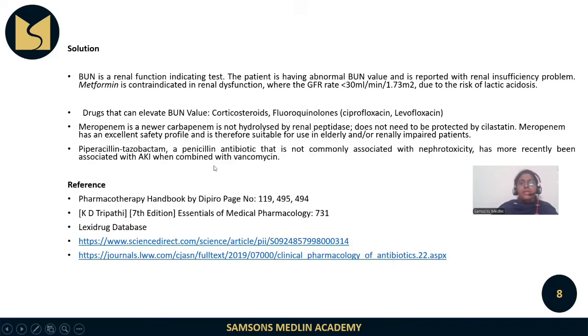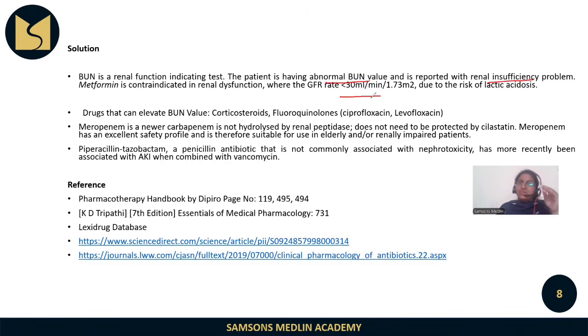Okay. You know that this blood urea nitrogen, it is a renal function indicating test. We are carrying out that test to assess the renal status of a patient. So in this question, it is already given the patient is having abnormal BUN value, and already a renal insufficiency problem, where the GFR value is recorded as 25 ml per minute, right? So it is less than 30 ml per minute.